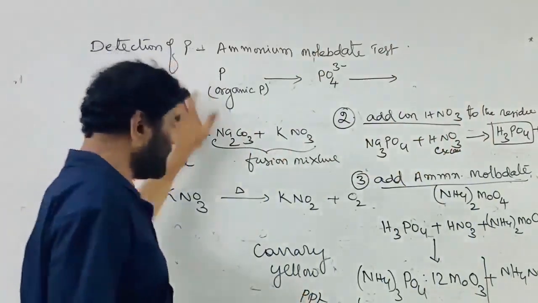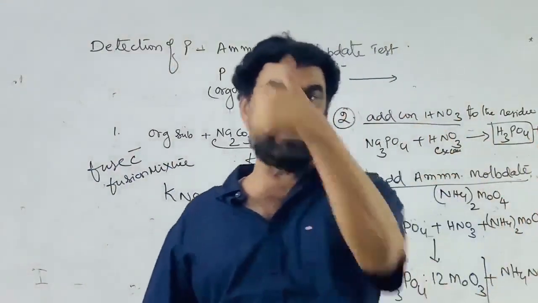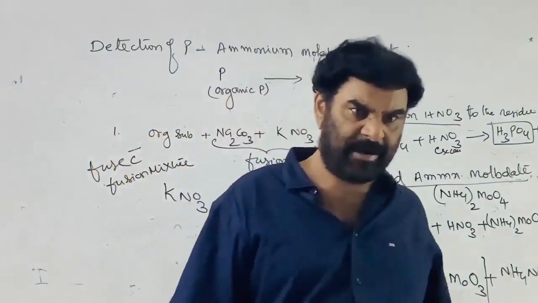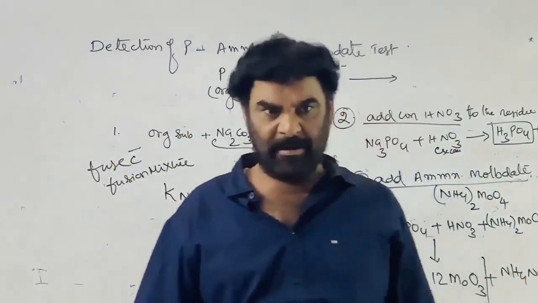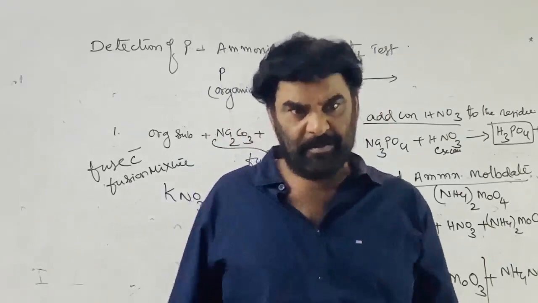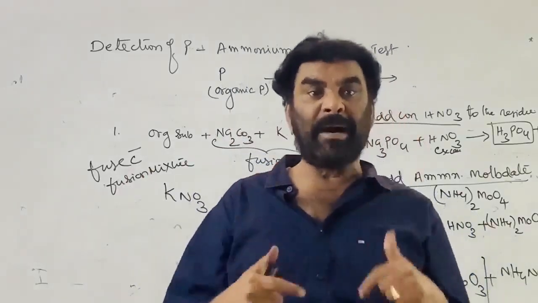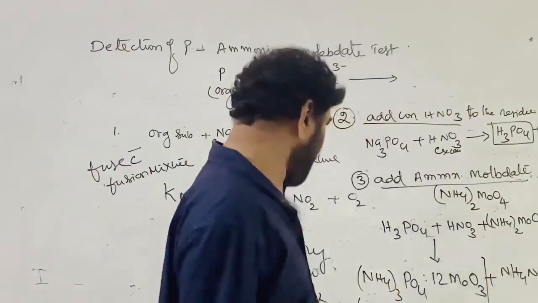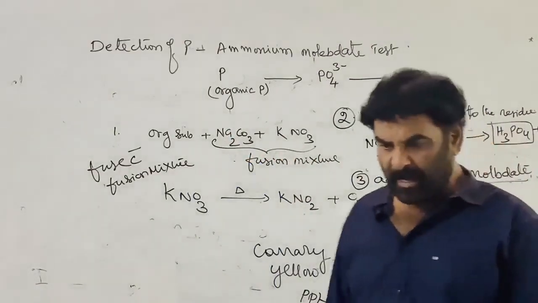Nitrogen is detected by converting into the cyanide ion, sulfur by converting into the sulfide ion, halogen by converting into the halide ion, and phosphorus is detected in this series of tests. Phosphorus present in the organic compound is detected by converting into the phosphate ion, and ultimately it is precipitated in the form of ammonium phosphomolybdate. So this is the detection.